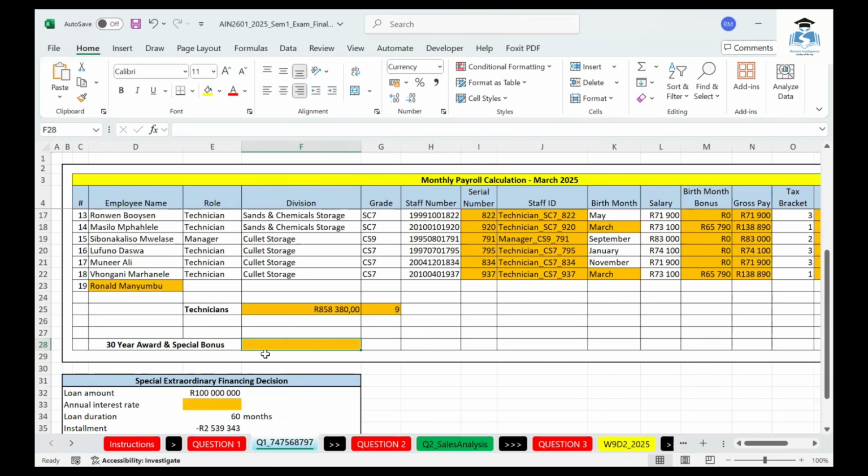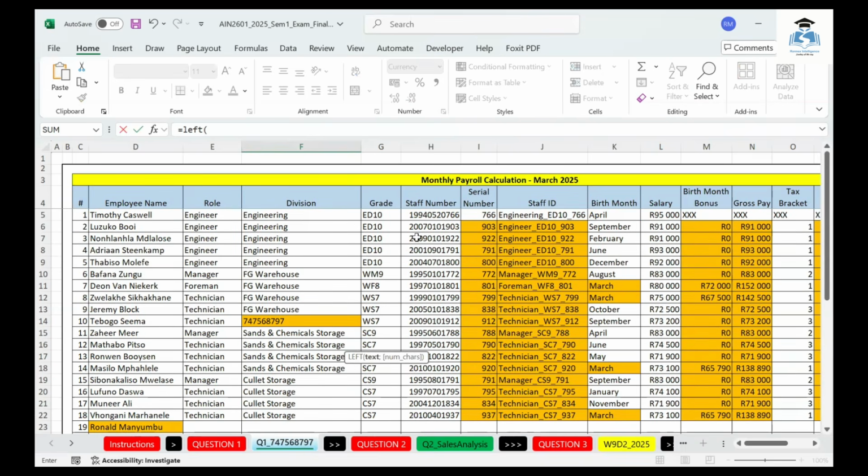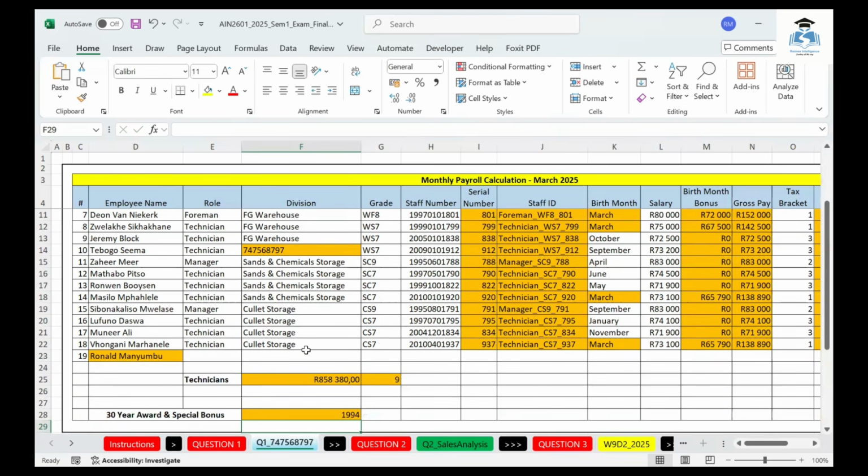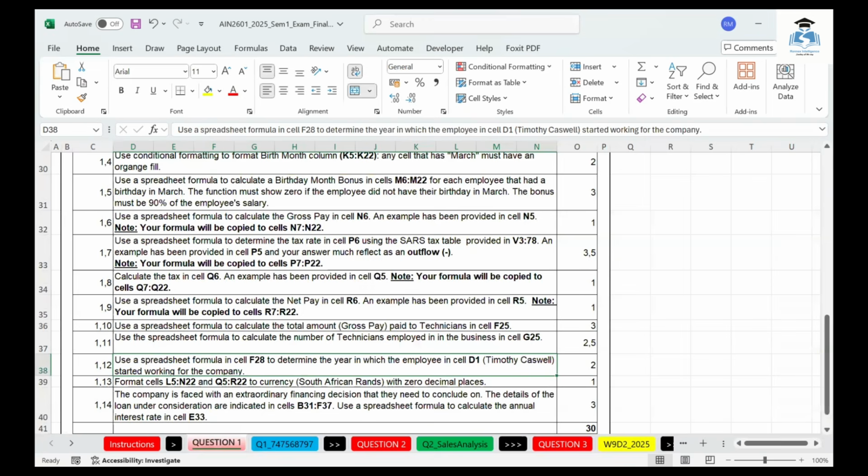Then you're going to see, equals LEFT, and then you go to D5, and then 4. So he started working in 1994.